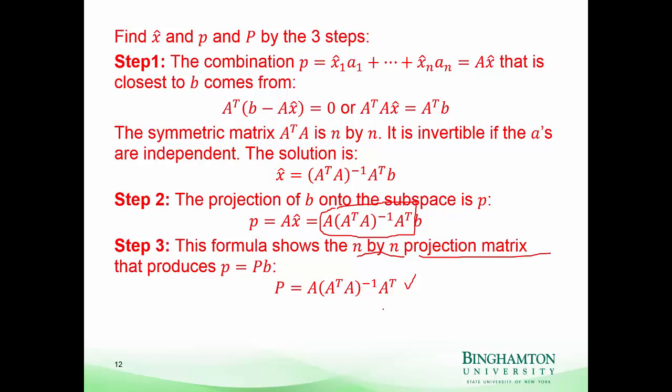Sadly, I can't hear anybody out there in video land saying it. I'm hoping you're saying it. It's got to be rank n, because we're projecting onto an n-dimensional subspace. So we know that the column space of P has to be this n-dimensional subspace, and that's the definition of its rank. So we know that P is a rank n matrix.